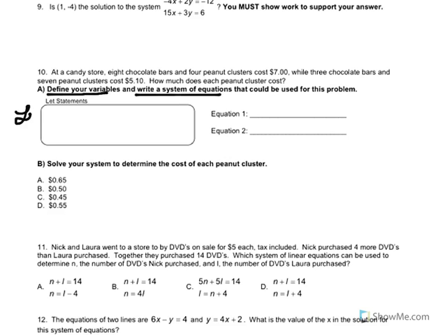So let's do our let statements. We're going to let x equal chocolate bars, and we're going to let y equal peanut clusters. I'm just going to write peanuts from there. And we have to do two equations. So 8 bars and 4 peanuts is $7.